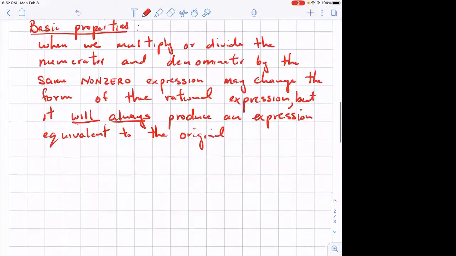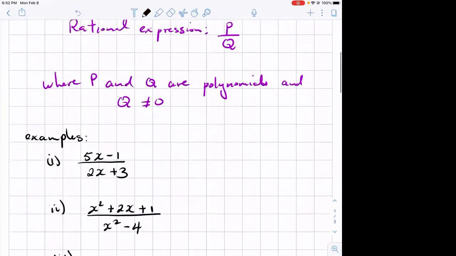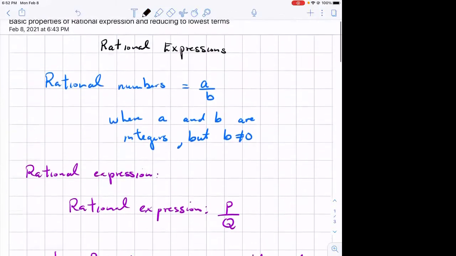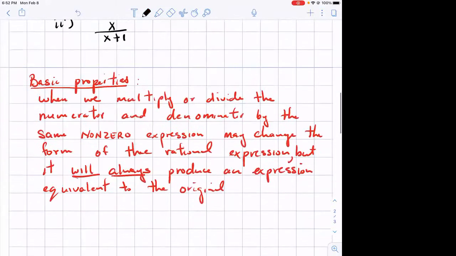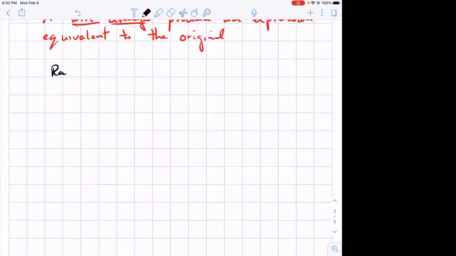So let's start off with something we know, which goes back to rational numbers. Let's look at the rational number 1/2.